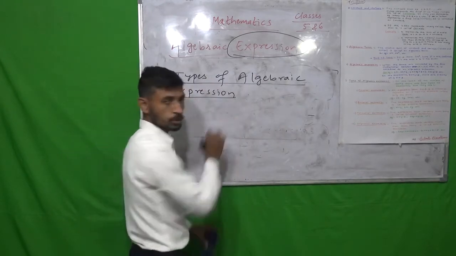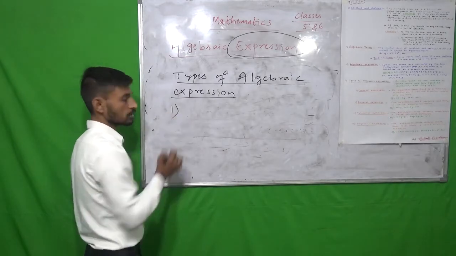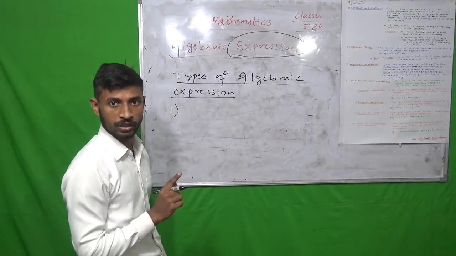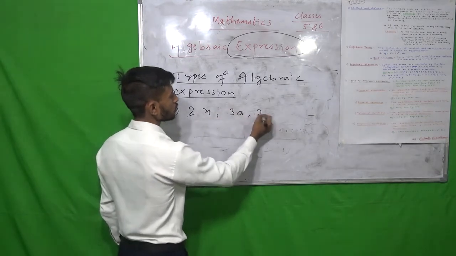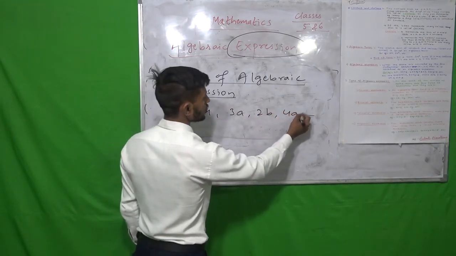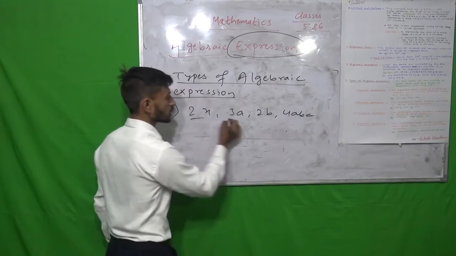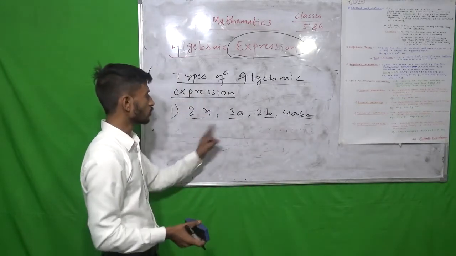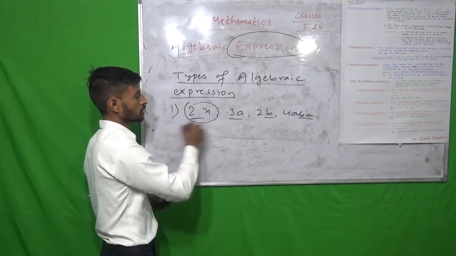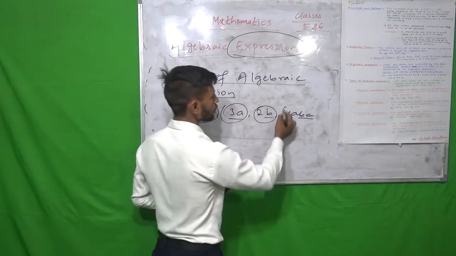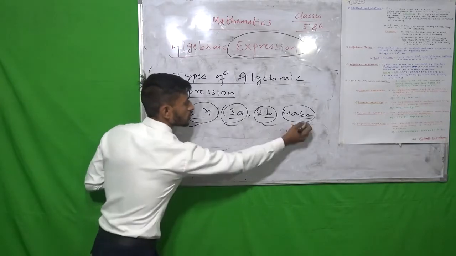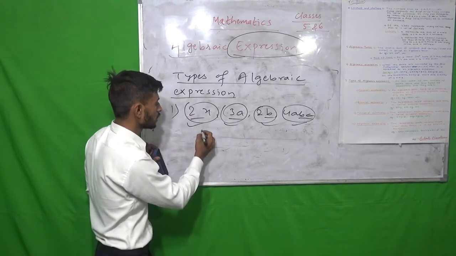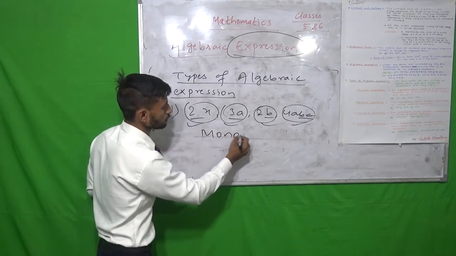The first type of algebraic expression is the expression having only one term, like 3x, 3a, 2b, 4a, bc. This type of expression having only one term, a single term, is called a monomial expression.